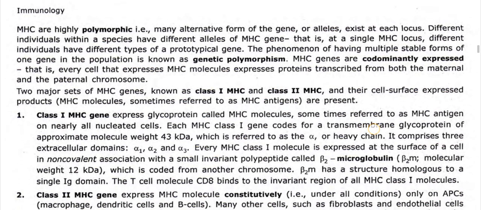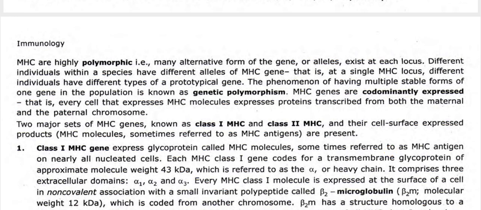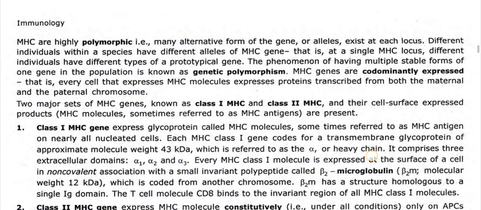MHC is highly polymorphic. Many alternative forms of the gene, or alleles, exist at each locus. Different individuals within the species have different alleles of MHC genes, that is, at the same single MHC locus, different individuals have different types of prototypical gene.